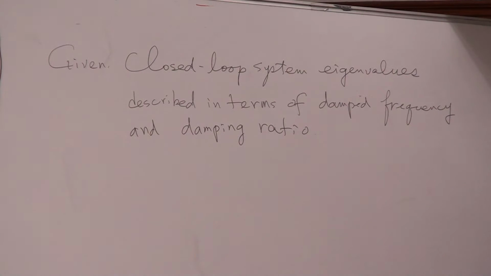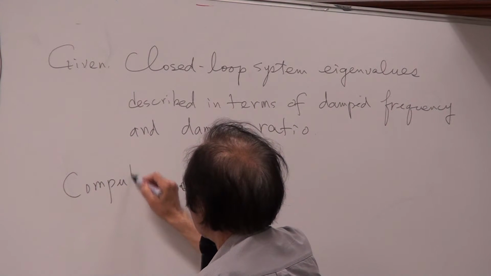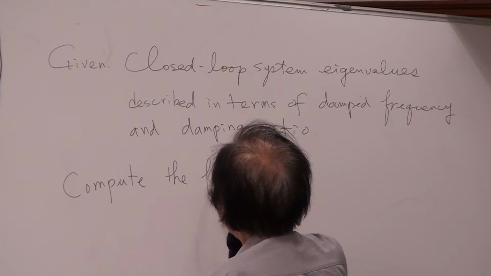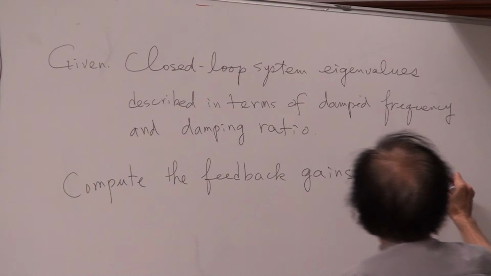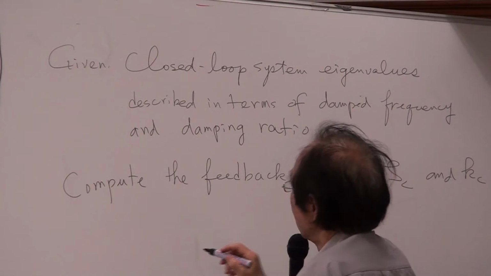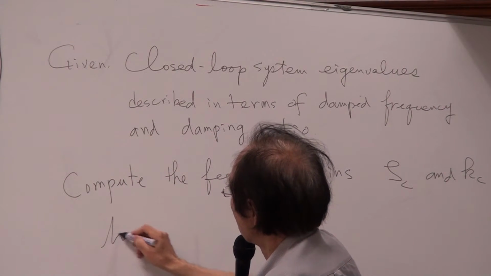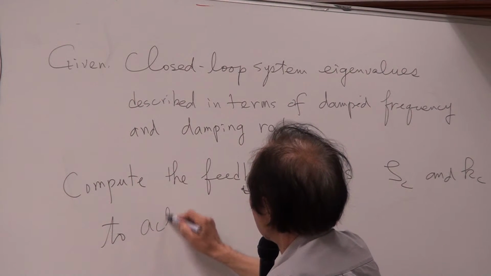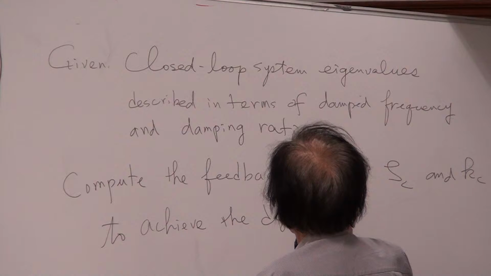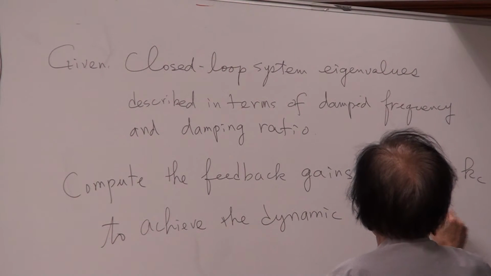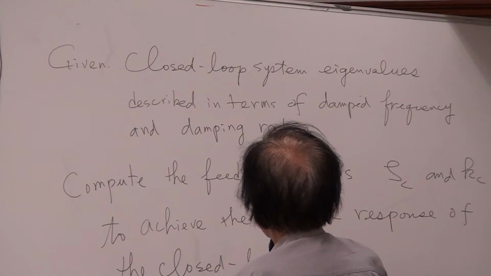Okay, that's given. That's my closed loop. Then I say compute the feedback gains zeta C and Kc to achieve this dynamic response of the closed-loop system.